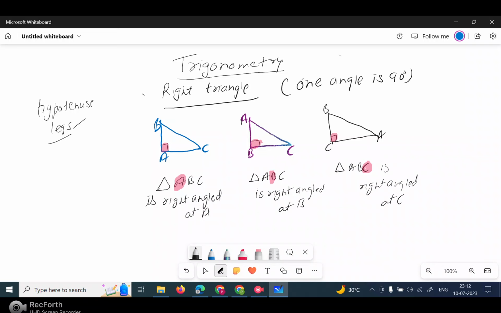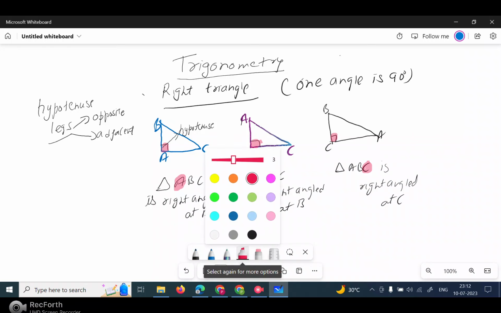In the legs we have the side opposite to a particular angle, and the adjacent side of that particular angle. So these three words you have to learn when you are learning about the right triangle.